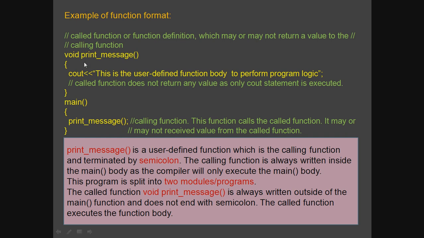That way, the compiler does not need to go through all of the program, because it will go in a sequential manner. If the calculator program is written inside the main function, with addition, subtraction, multiplication, and division written one after another, and you want to do division, the program flow will go sequentially.